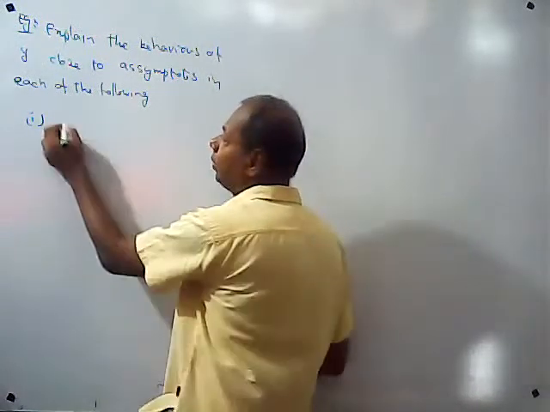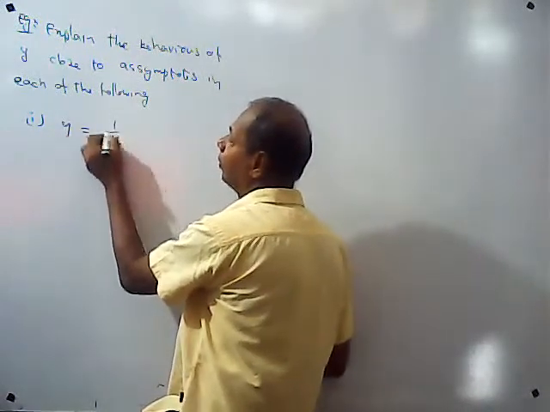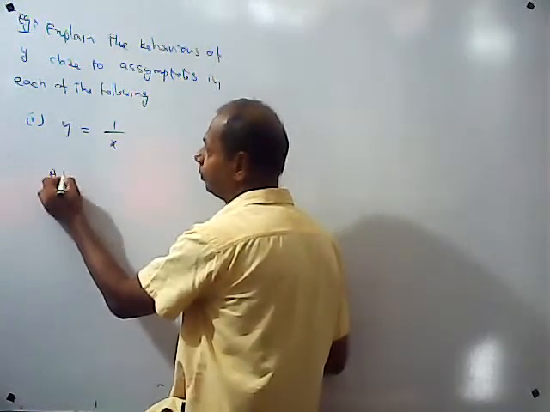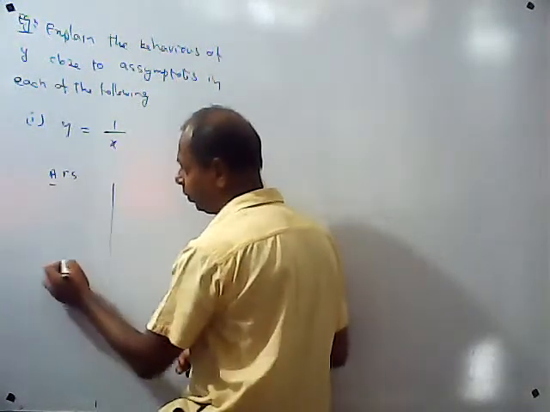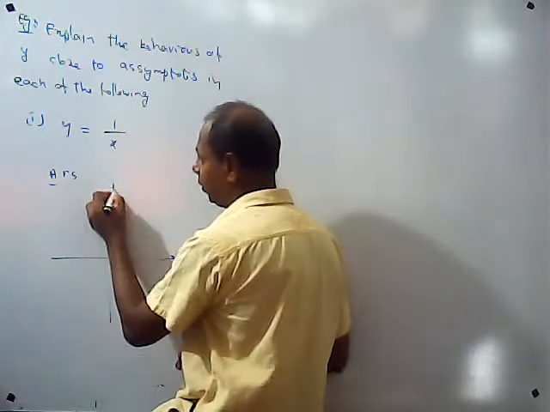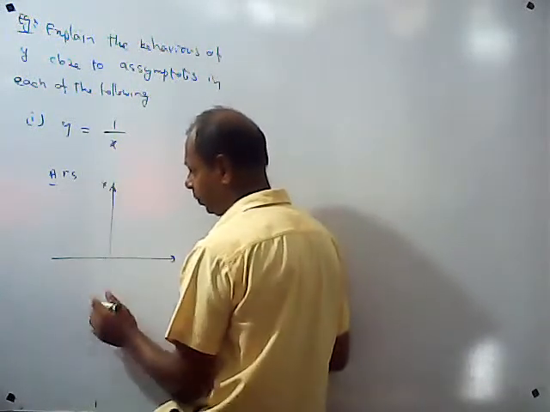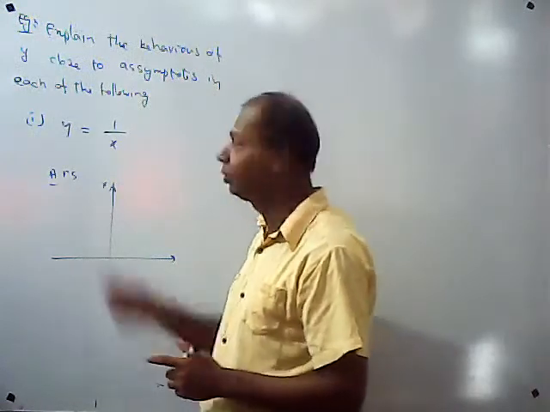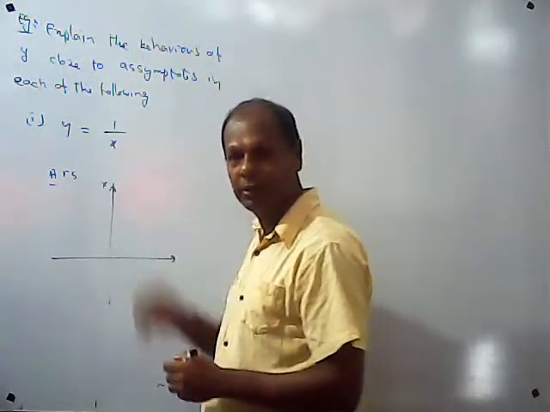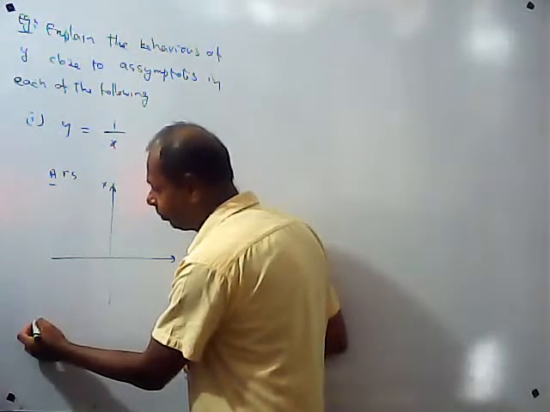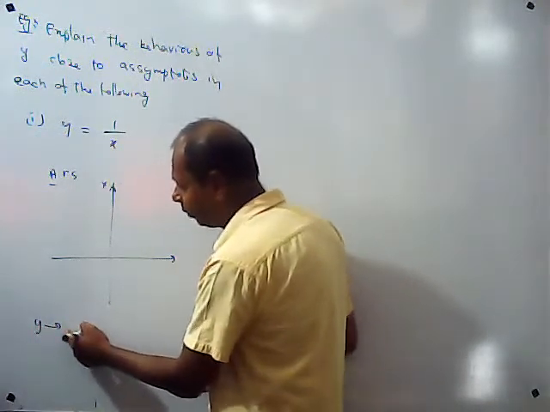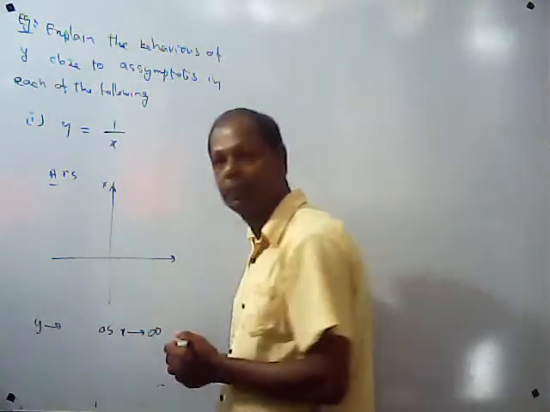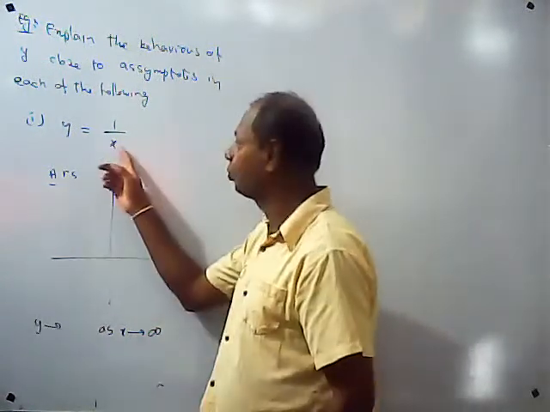This y equals 1 over x. So answer. You want to check for horizontal asymptotes, you have to send x to infinity, right? In this you see y, where will y go as x goes to positive infinity.